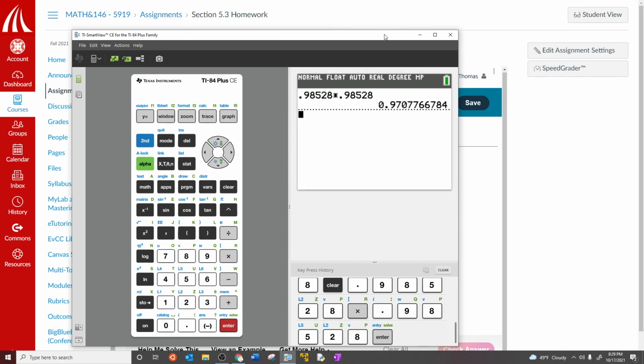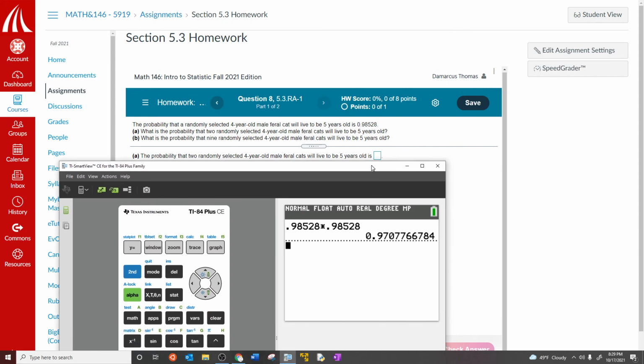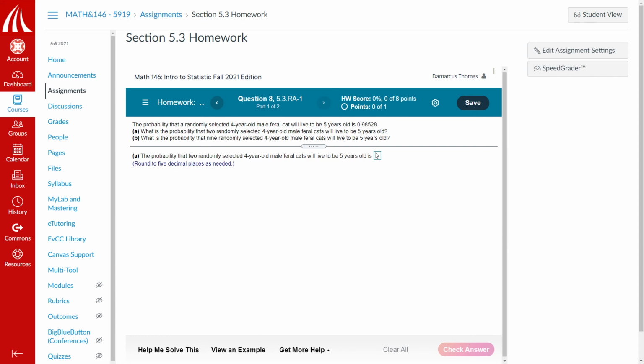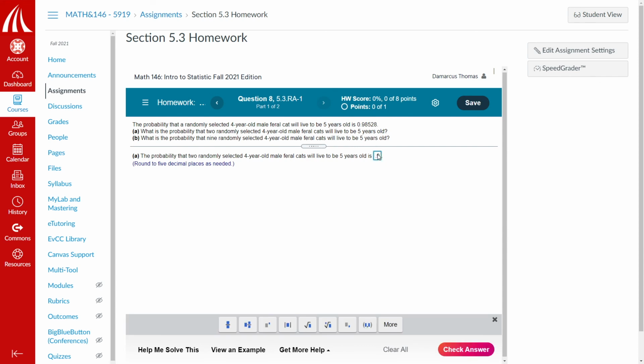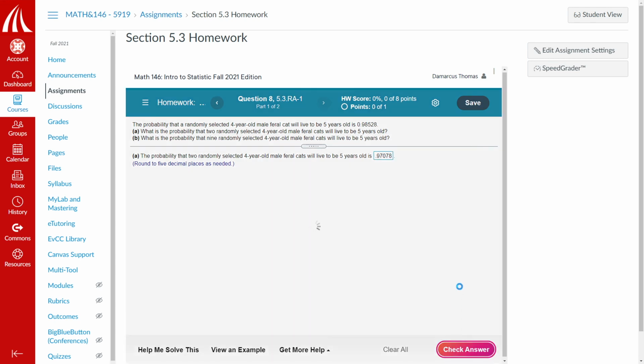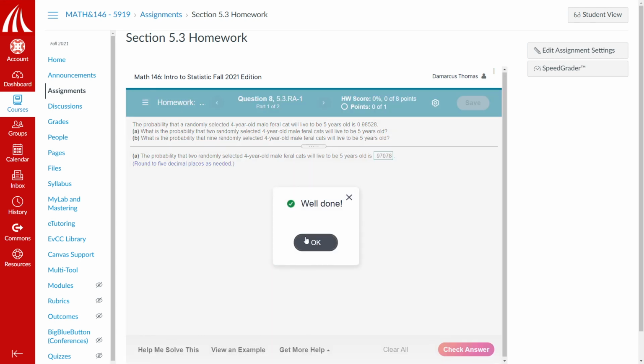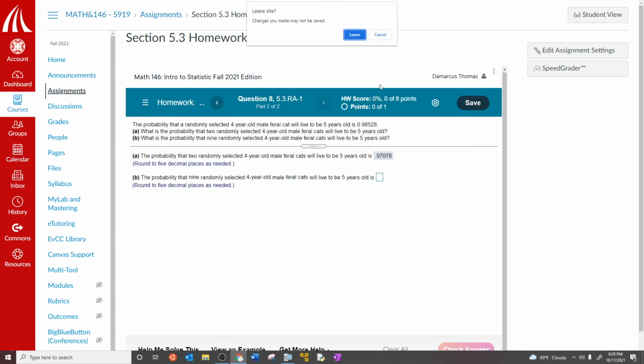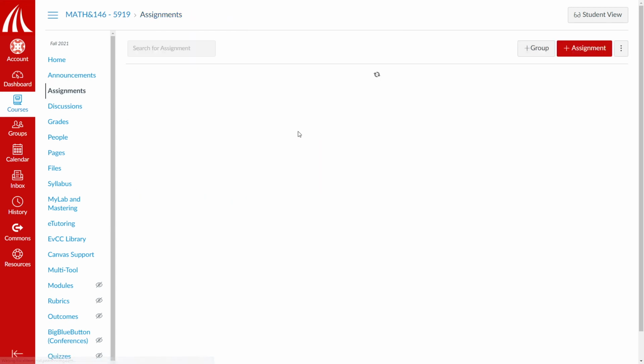And then we're getting 0.97078. Let's see if it accepts that. And it does. Let's take a look at 5.4.